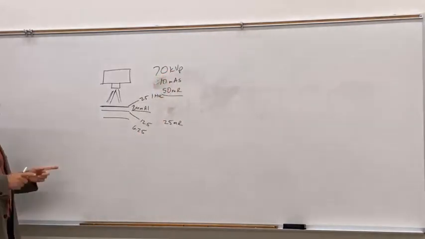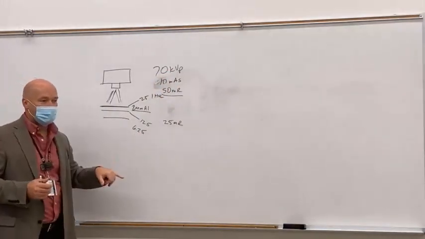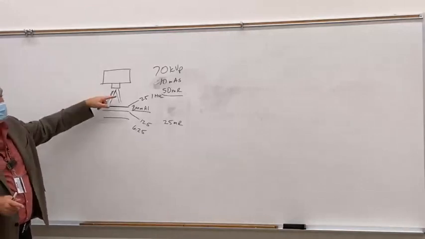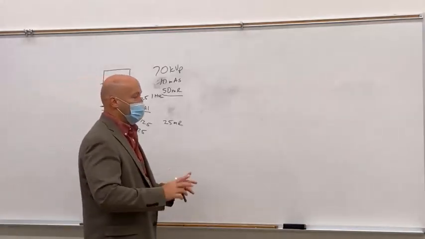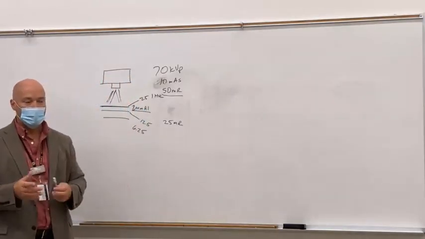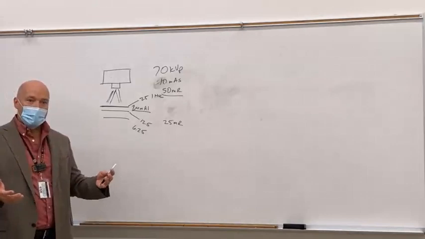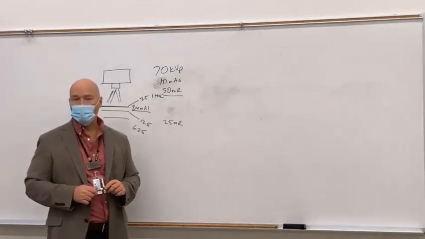Now, the reason that I say that half value layer is a measure of quality is that it's actually a better measure of quality than kVp. And again, this is getting deeper into the semester, and this is not a testable question at this point. But what happens over the length of time that you use a light bulb?